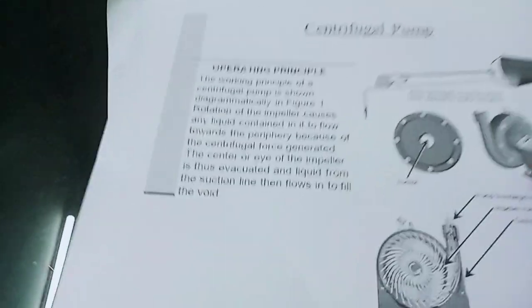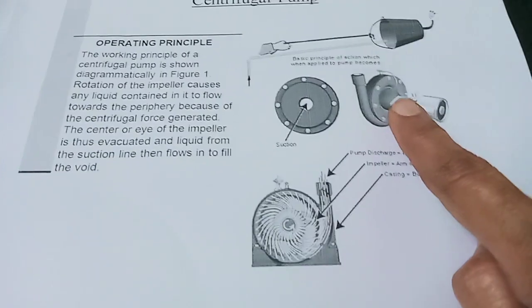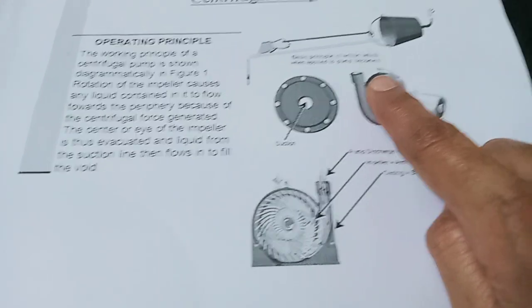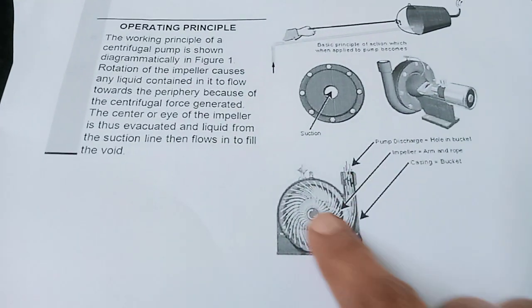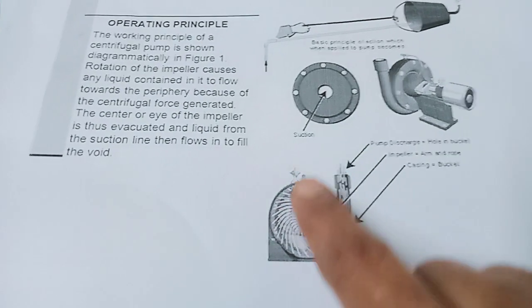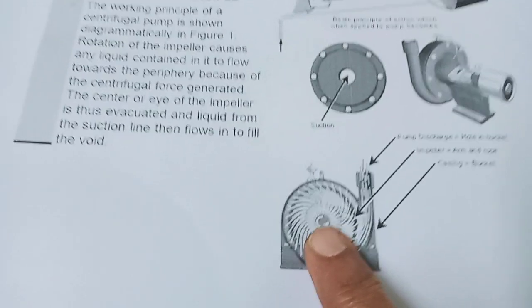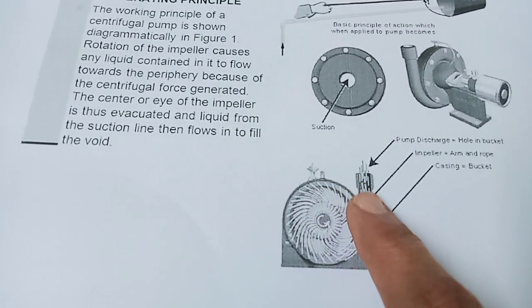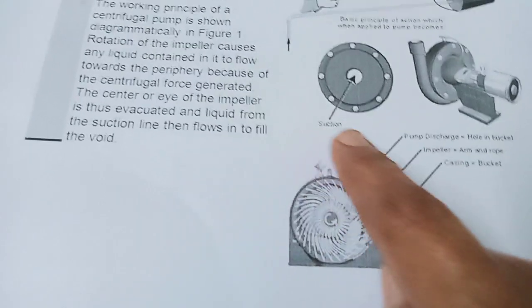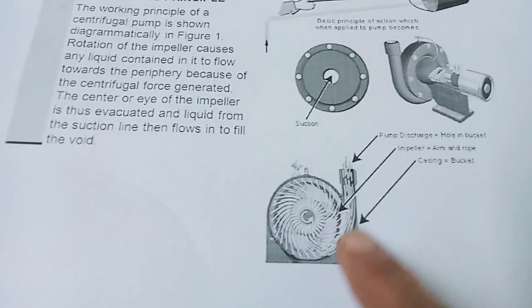Now this is a rotating impeller, so as soon as the liquid enters here the liquid is rotated by this impeller like this, round. So what will happen? Kinetic energy of this fluid will increase. Now this rotating liquid will come to the volute. This outer circular portion is known as volute.